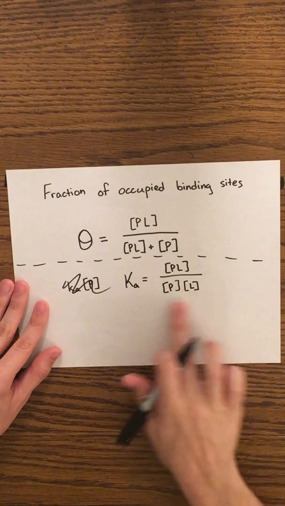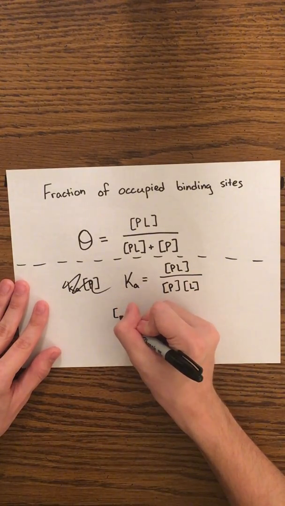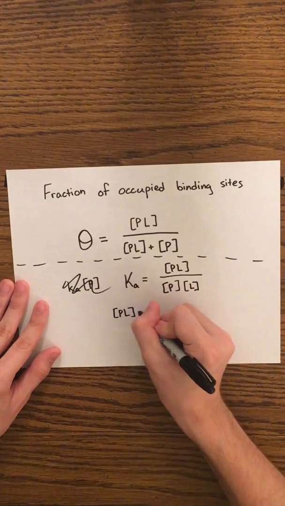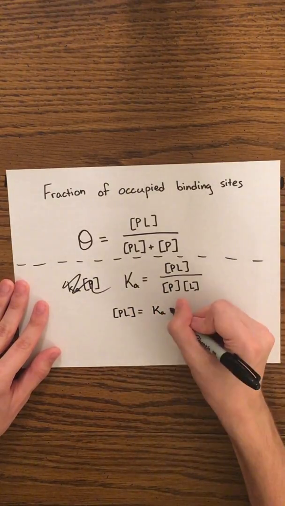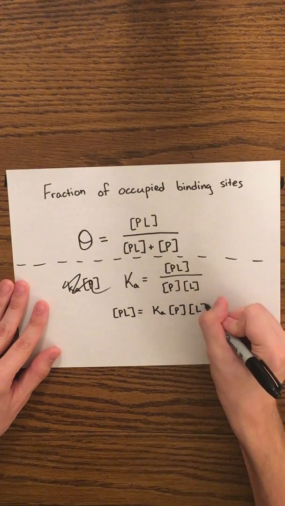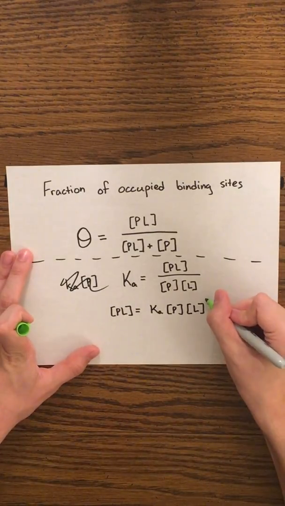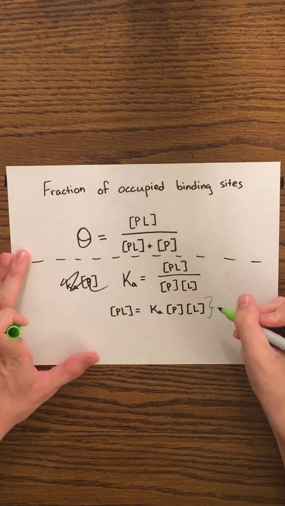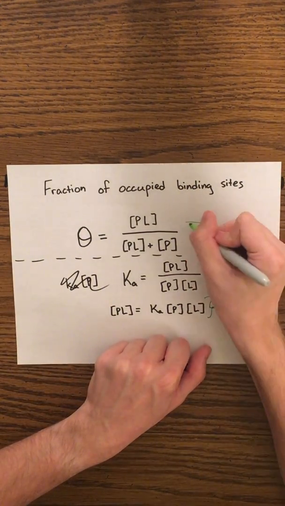So if we multiply the denominator on both sides, what we get is that the concentration of PL is equal to Ka times P times L. Okay? And we're going to plug this guy back up here.